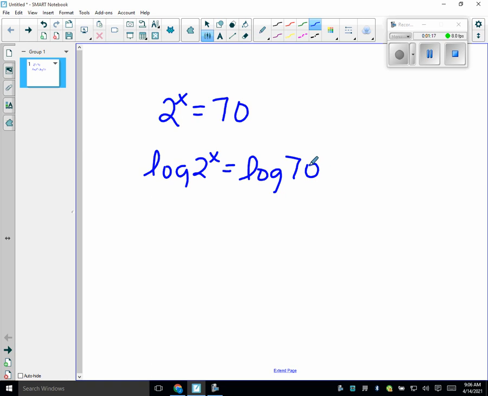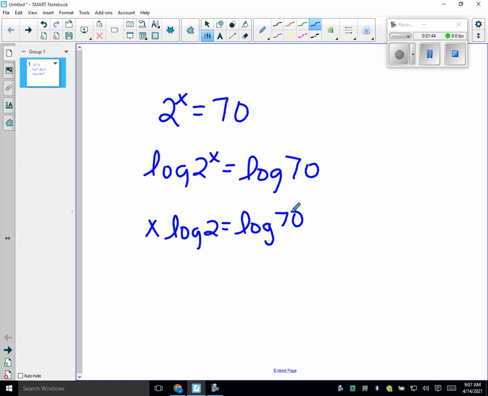Understand what we did? Now, what is the property about the exponent? Put it up front. So this x will go to the front. So I have x log of 2 equals log of 70. Then I would divide both sides by log of 2.